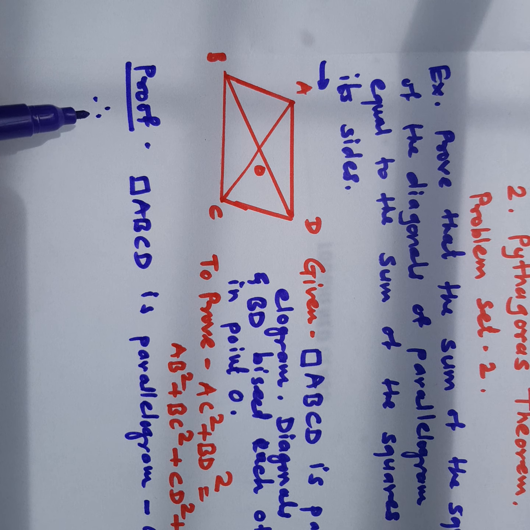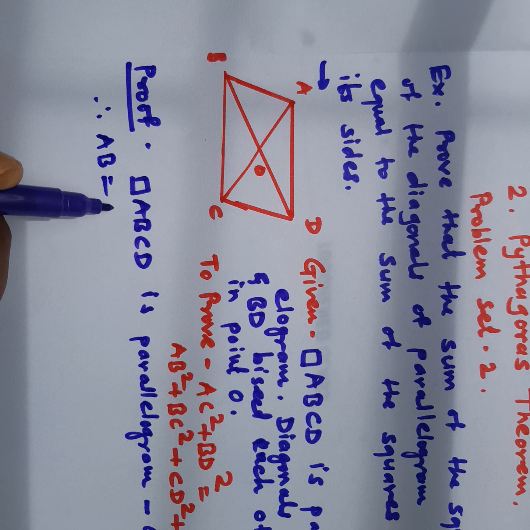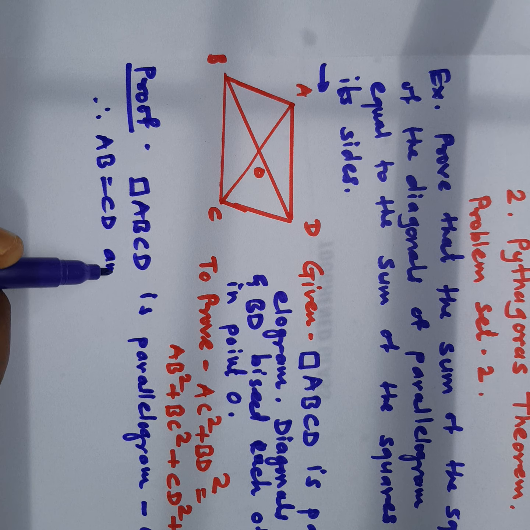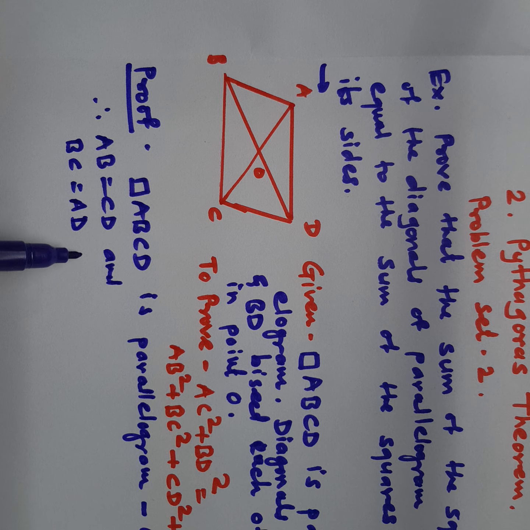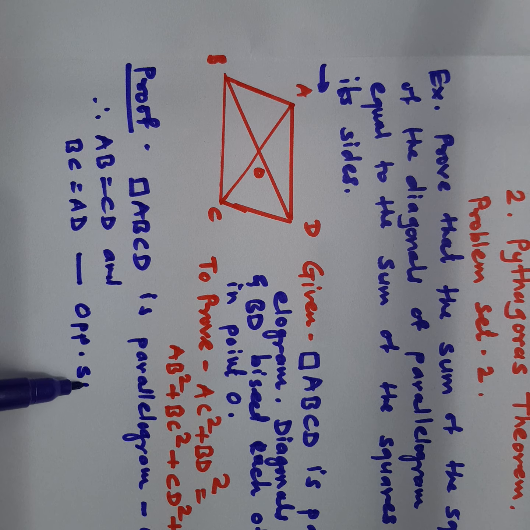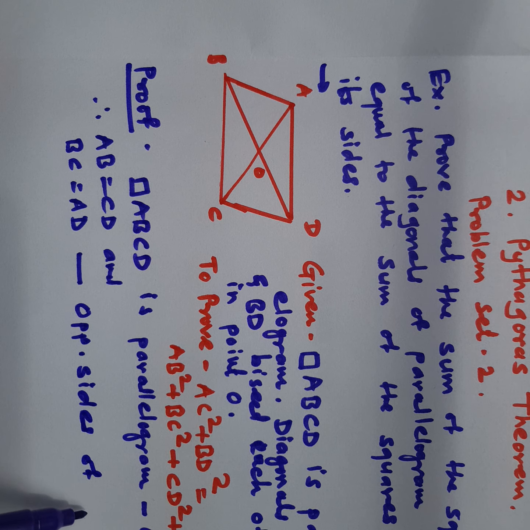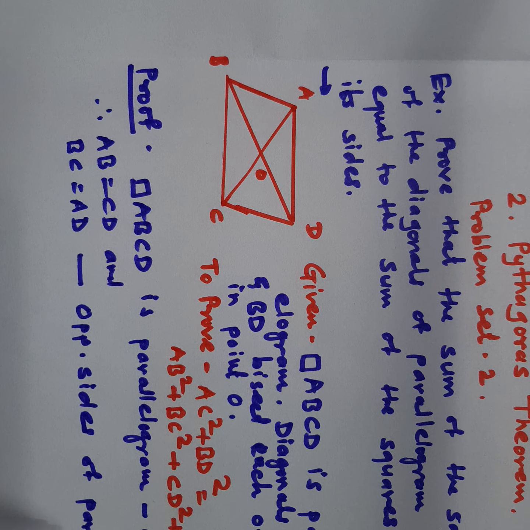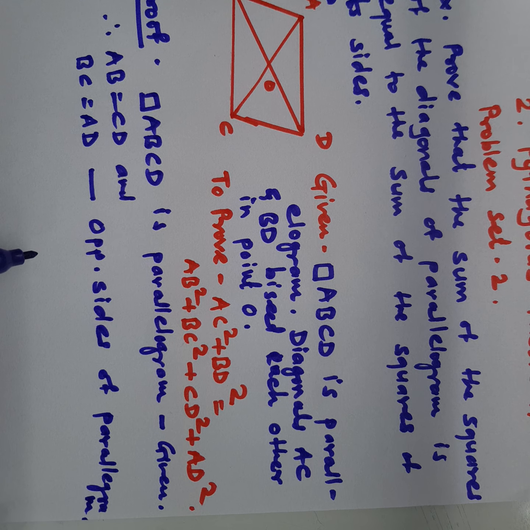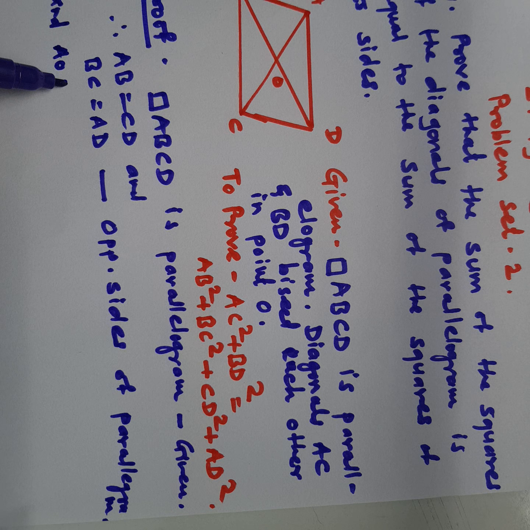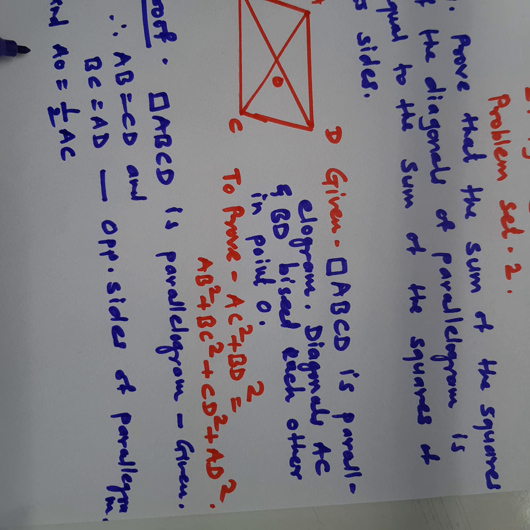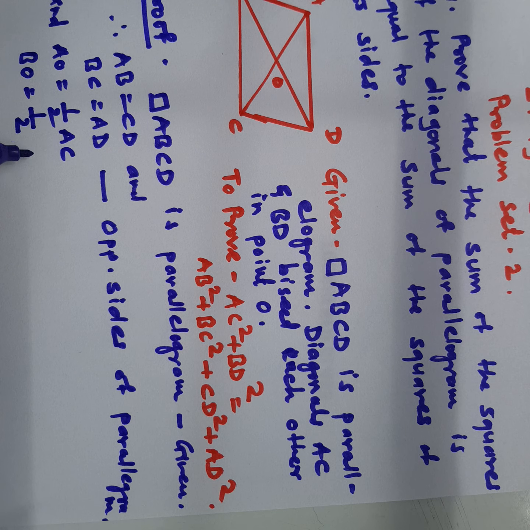Therefore, we know that opposite sides of a parallelogram are equal, that is AB is equal to CD and BC is equal to AD, and AO is equal to 1/2 AC, BO is equal to 1/2 BD.